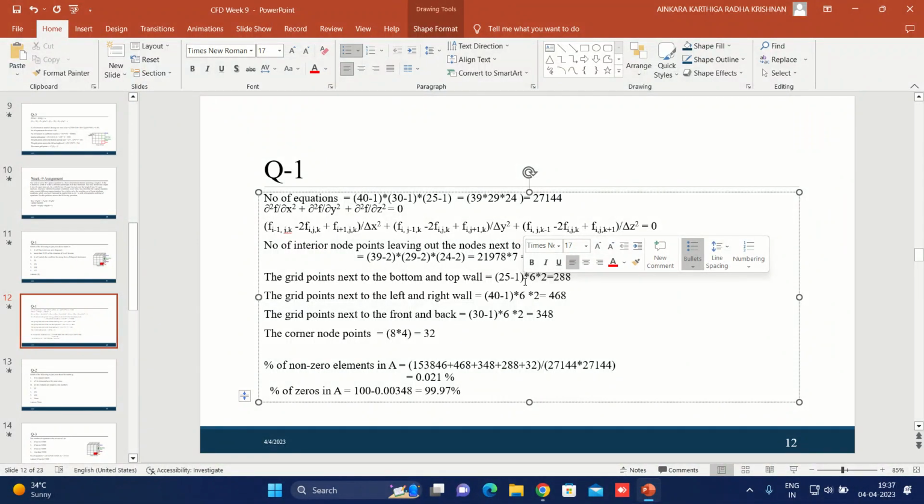What do we mean? In the top and the bottom wall, it would be 25 cross. If we are taking it like this, 1, 2, 3, 4. Left and right, we are having 30, 25.